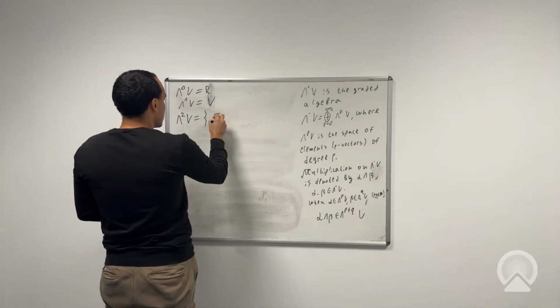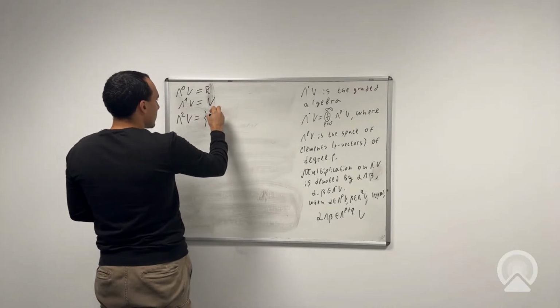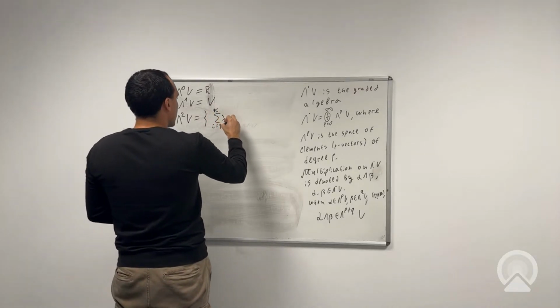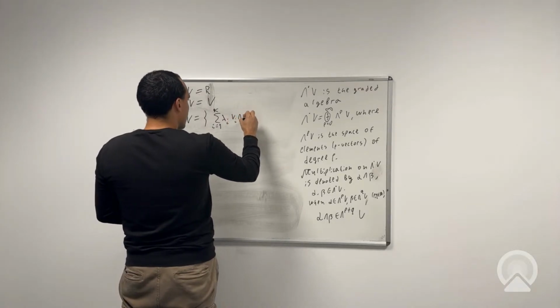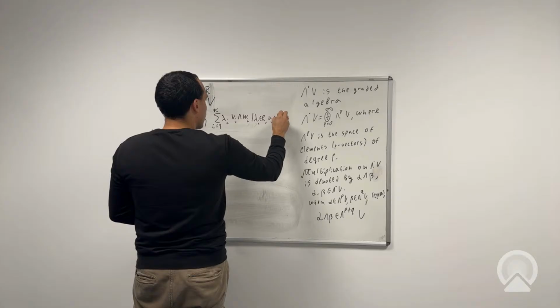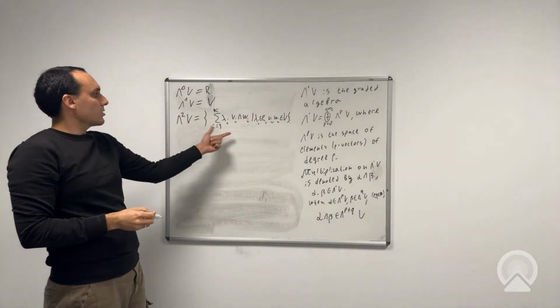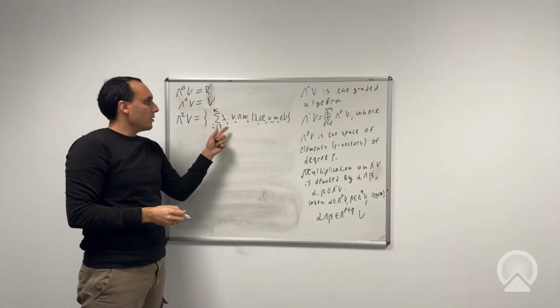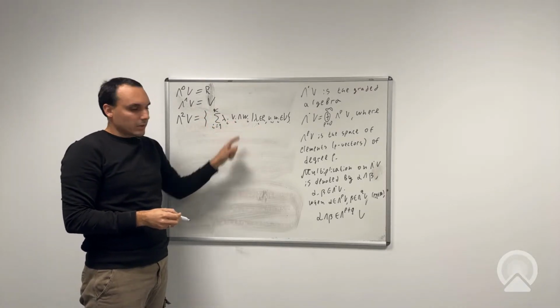So this is the space of sums over i of lambda_i v_i wedge w_i, where lambda_i is a scalar and v_i and w_i are vectors. And so on, lambda^3 will be such sums of wedge products of three vectors, and so on.